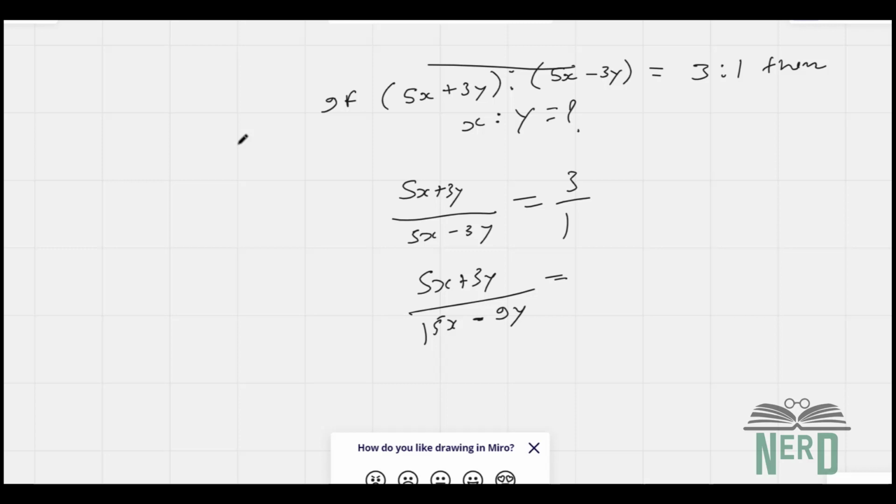Now let's make this as a ratio. So if we do that, 5x plus 3y equals 15x minus 9y, right? We can write like this. So when we move terms along the way, like the x and x value, if 5x goes there, it'll be minus 15x. Similarly here, if y goes there, it'll be plus, right?